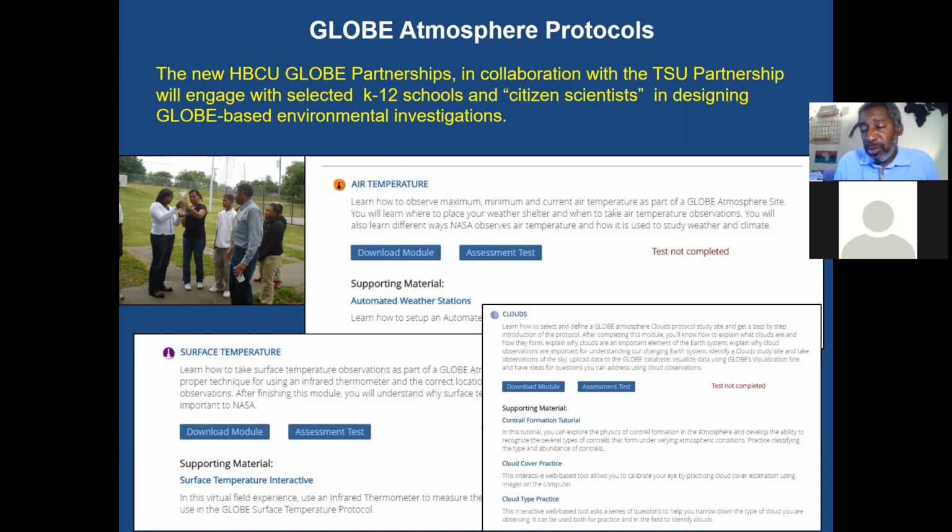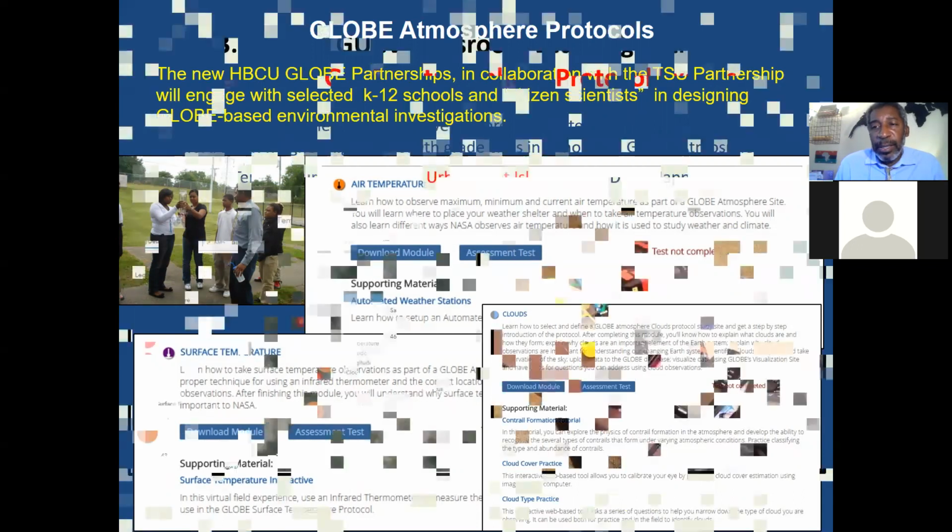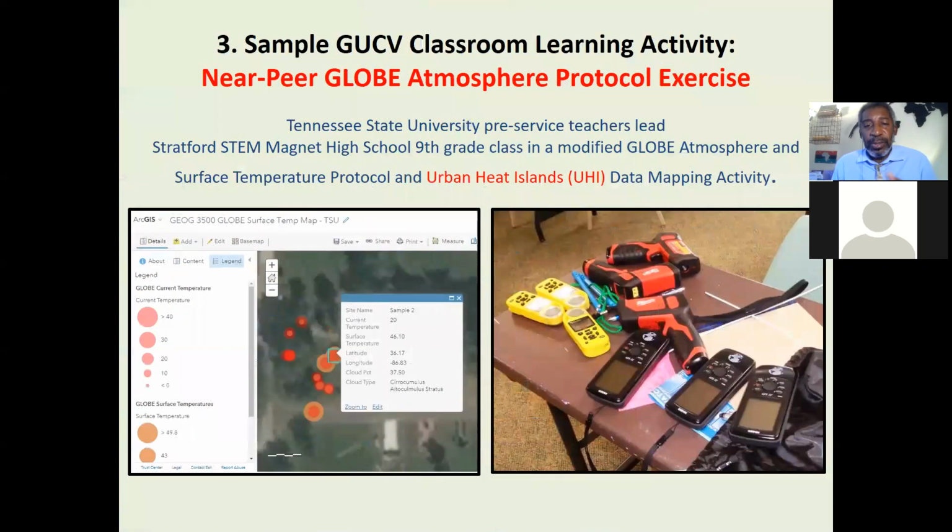Sometimes we would go over to Stratford High School in Nashville. Of course, with COVID-19 and the pandemic, we're not able to do that this year. So here's just another activity. We would go out and collect GLOBE data and work with the young people to create ArcGIS Online maps of the data.